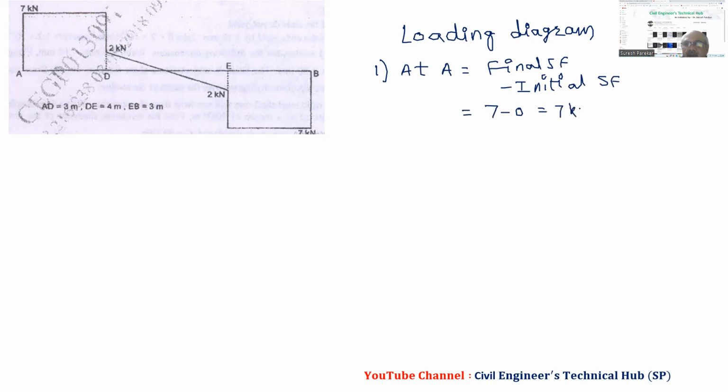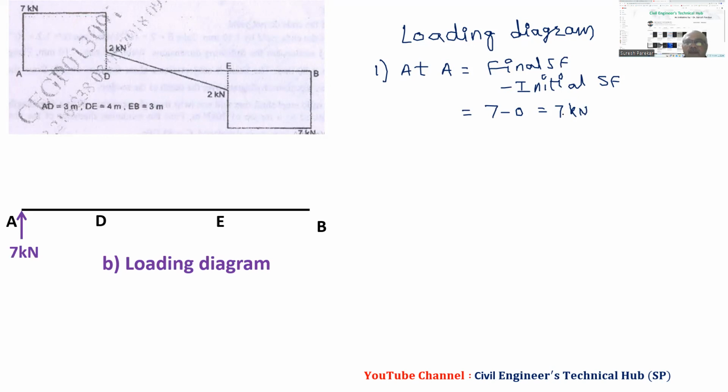So we have 7 kilonewton upward. Then we do not have any load between A to D. Then between D to E, we have W. Now final shear force minus 2, initial minus 2, and span we have 4 meters, so it comes to minus 1 kilonewton per meter. So we have UDL. Sorry, before this we have this as 7 kilonewton.